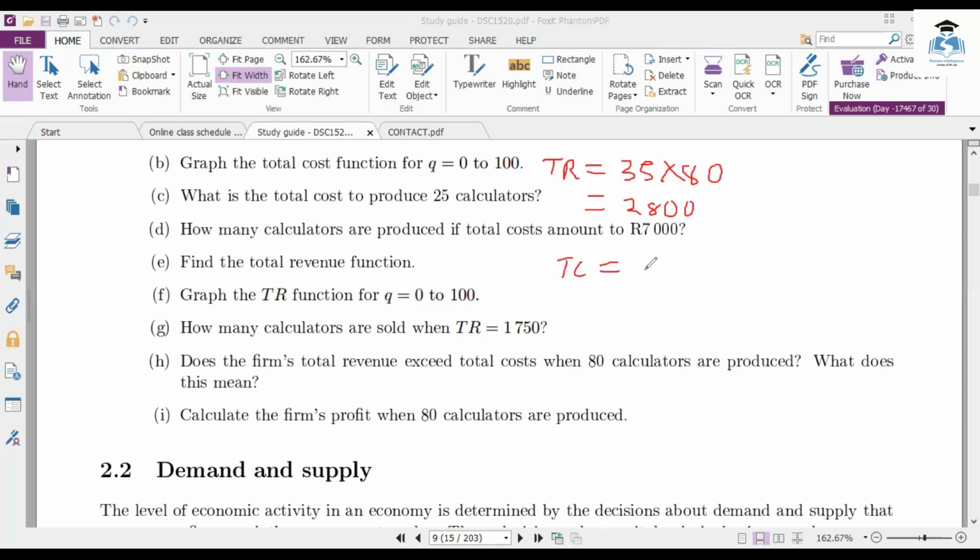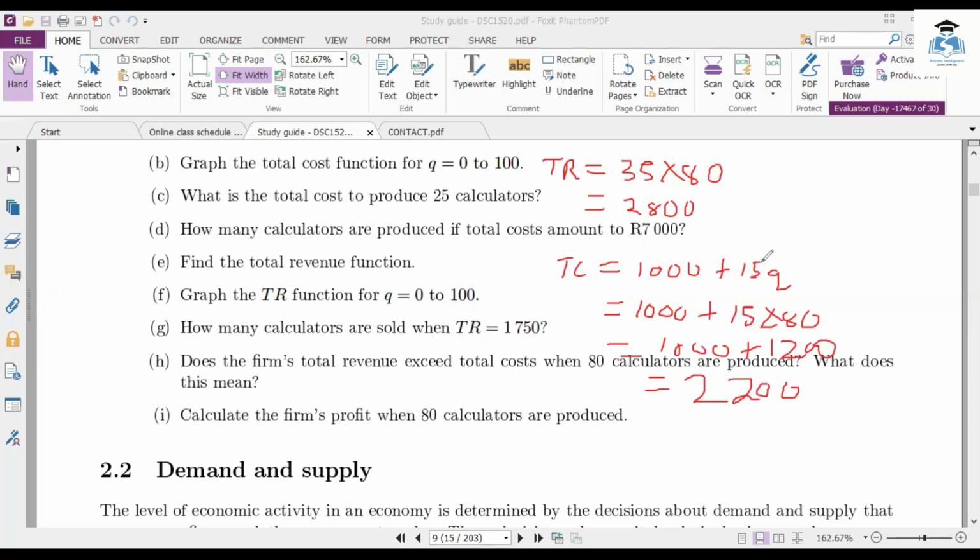What was the formula? It was 1,000 plus 15Q. So 1,000 plus 15 times 80. So it's 1,000 plus 1,200, which is 2,200.